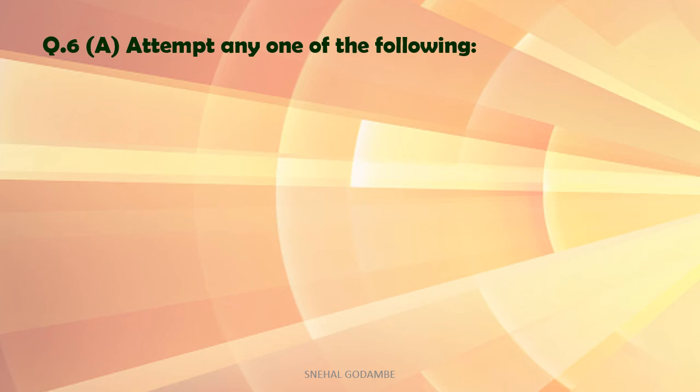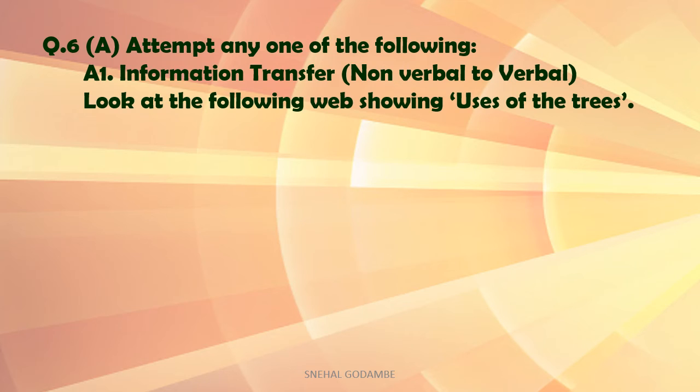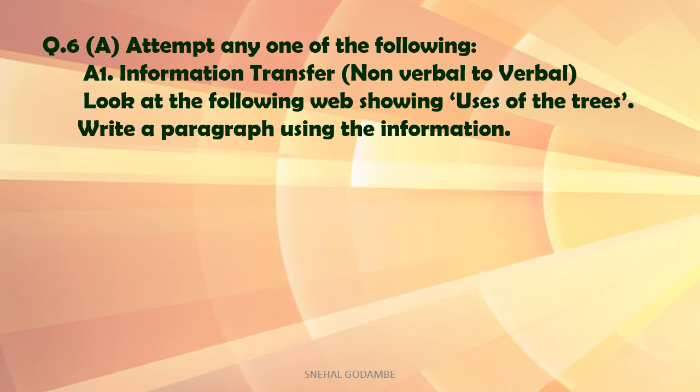Now we will do actual practice of solving this question. We will take one example. Attempt any one of the following. Information transfer. We will deal with non-verbal to verbal. Look at the following wave showing uses of trees. Now there is a wave diagram provided to you, and write a paragraph using the information.